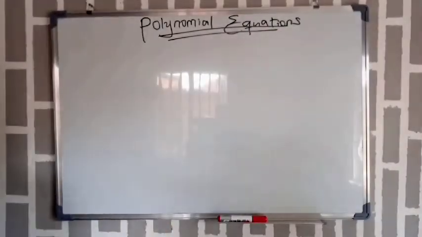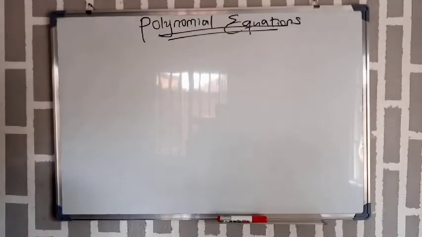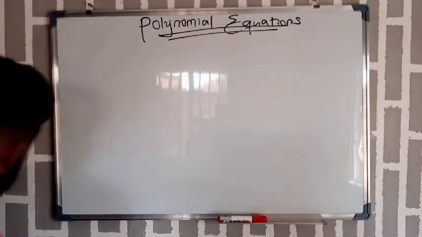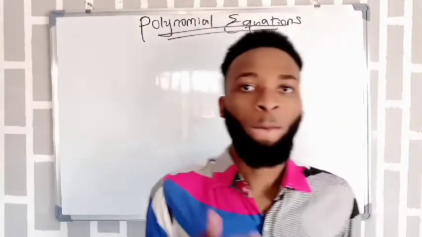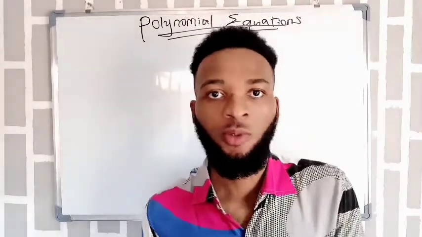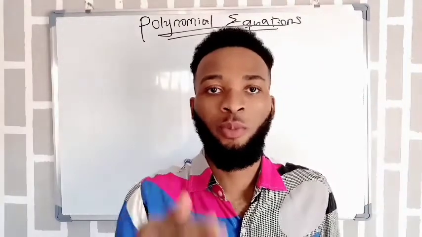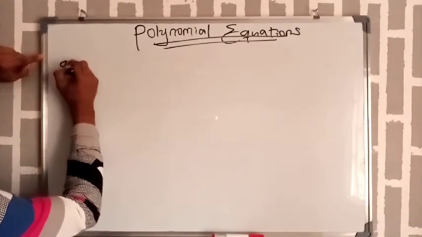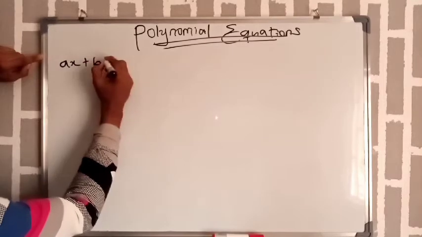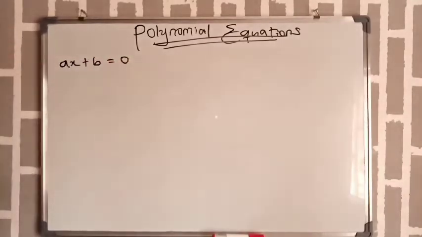You have to understand that solving polynomial equations is a process of equating polynomial expressions to zero. Like saying you should take ax plus b, then equate it to zero, as simple as that.